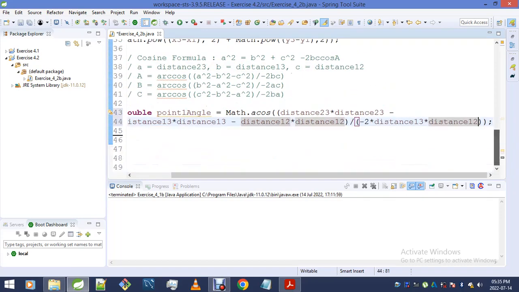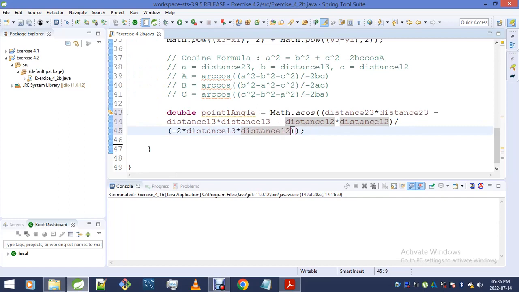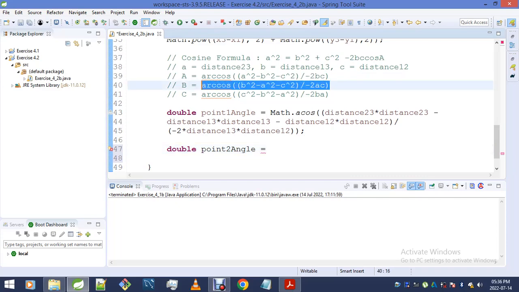It seems like our solution, you guys, has reached the end. No, it hasn't, to be honest. Now I need to do the same thing for point 2. For angle 2, I mean point 2 angle. Again, I'm following what's up there.